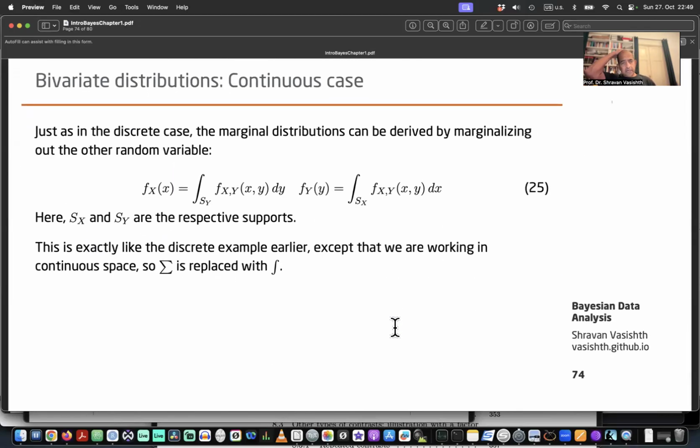And the marginal distributions can also be computed in the continuous case, and they're done in exactly the same way as the discrete case, except that the summation is now an integral. So for the marginal distribution of x, I'm going to integrate with respect to y, and for the marginal of y, we will integrate with respect to x.